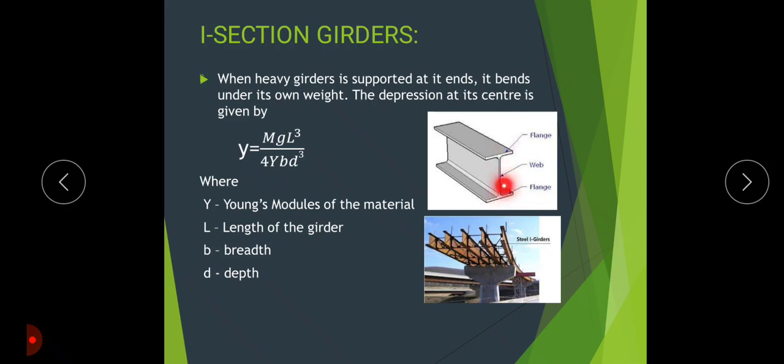Here this is the web part. This vertical portion is taken as a web. The girders also have a box shape or Z shape or other forms also.